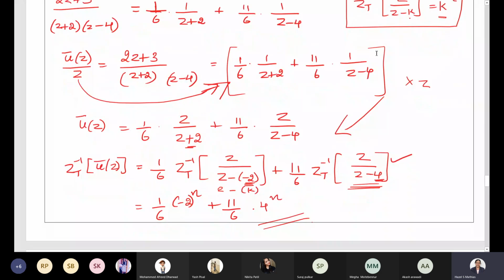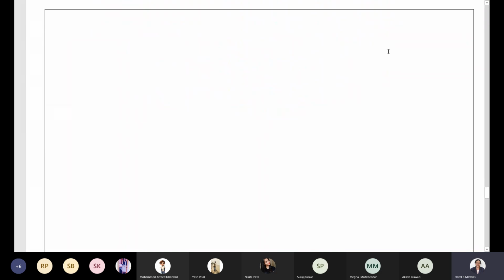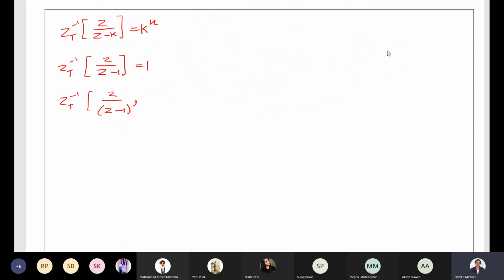Okay. So let's briefly go through what we have learnt in today's class. First, what you need to remember is inverse Z transform of Z by Z minus K is K power n. Next, inverse Z transform of Z by Z minus 1 is 1. Inverse Z transform of Z by Z minus 1 whole square is n.